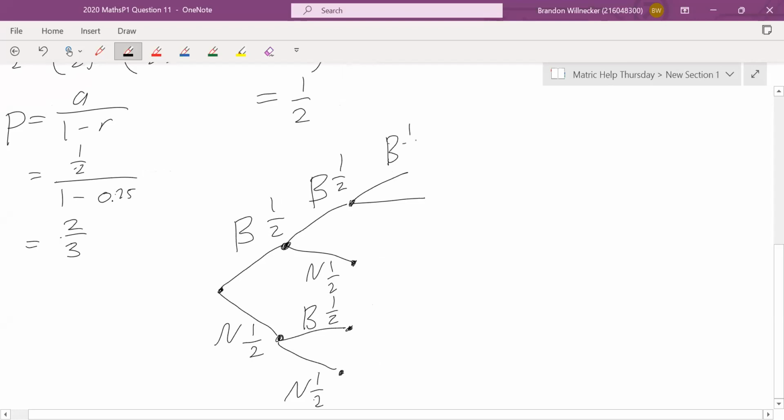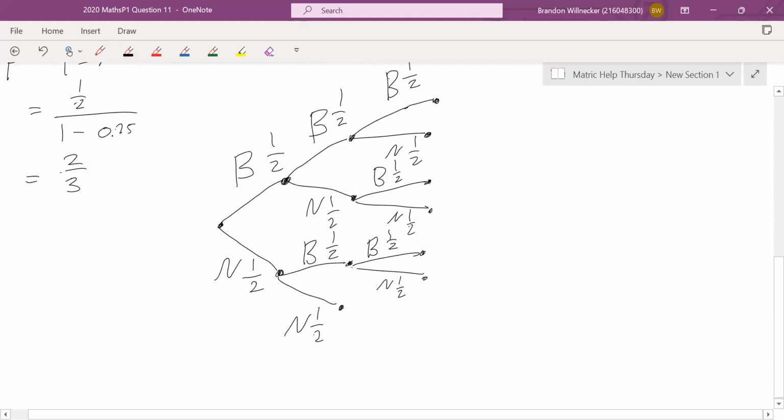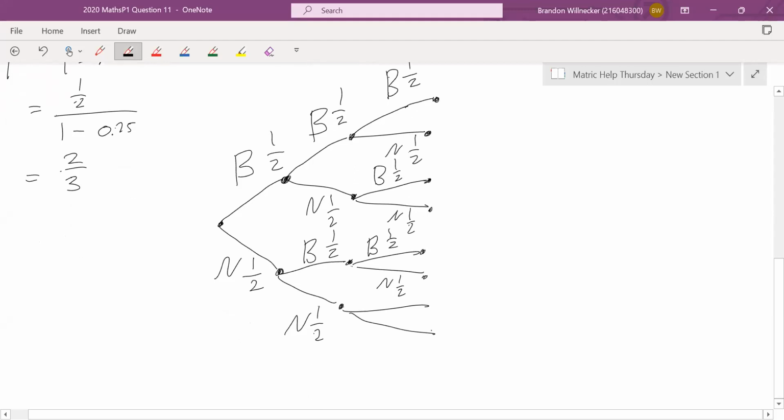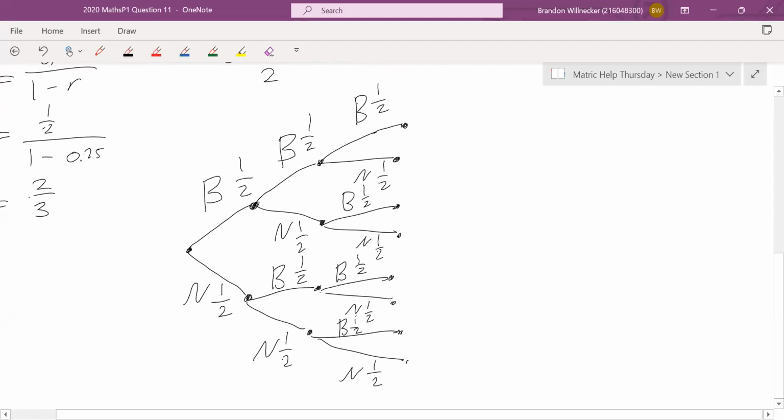At the top, we can have a bullseye with 1/2, not a bullseye with 1/2. Same probabilities throughout there. And again, we can branch this off here. We can have bullseye with 1/2, not a bullseye with 1/2. And the same thing for the next two. We can have bullseye with 1/2, not a bullseye with 1/2. Last one. Again, bullseye with 1/2, not a bullseye, again, 1/2.